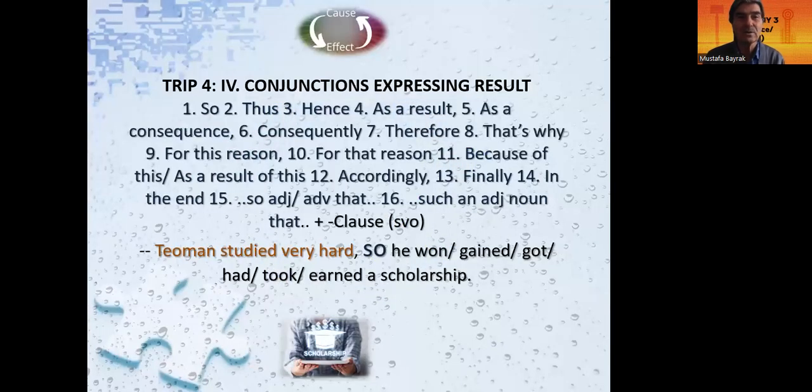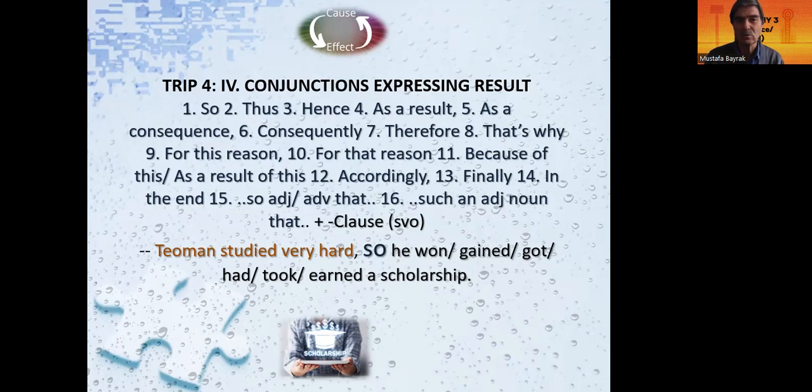Now, trip 4, as you see, will be about conjunctions expressing result, conveying result, carrying result, telling us the result. For example, so, thus. Of course, so is at the beginning of them.